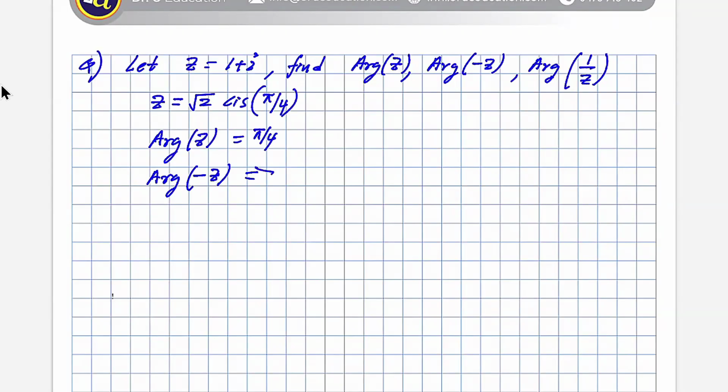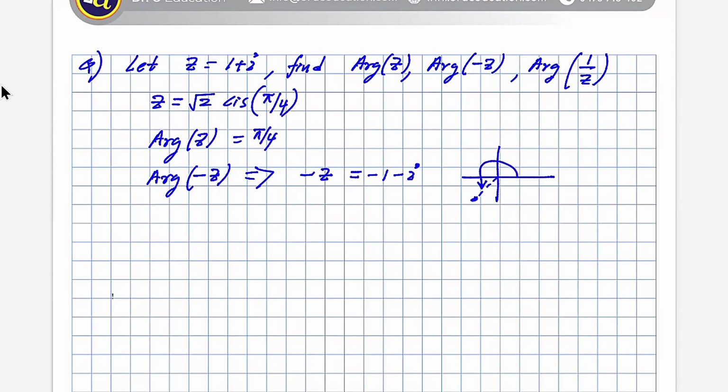minus z is going to be minus 1 minus I. So minus z in the Argand diagram, minus 1 minus I is somewhere here. So okay, you can take this angle, but I will discuss that later.